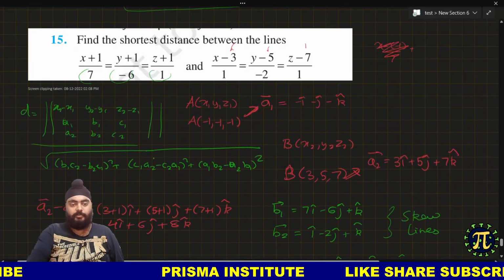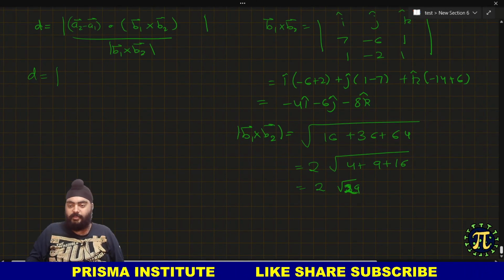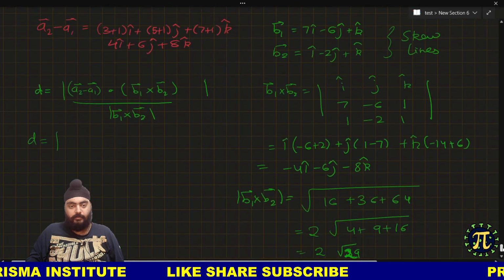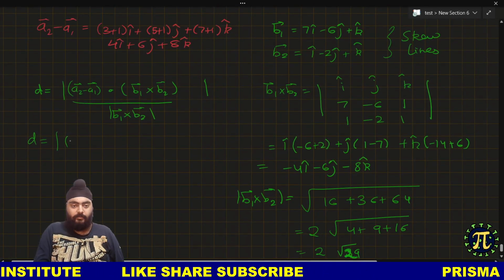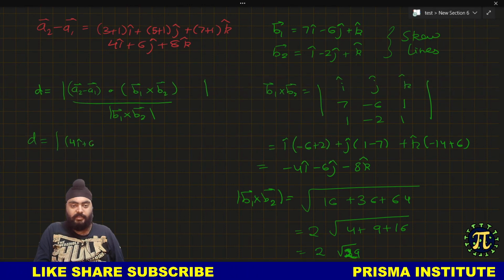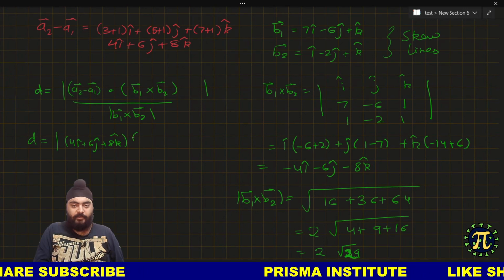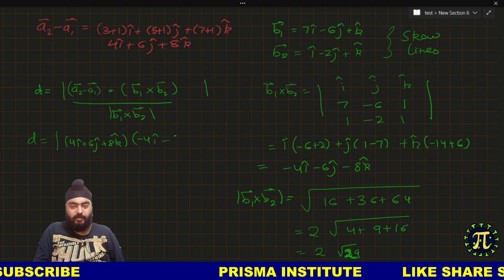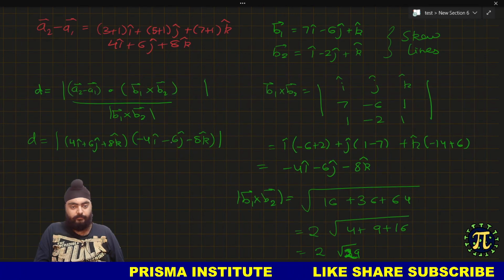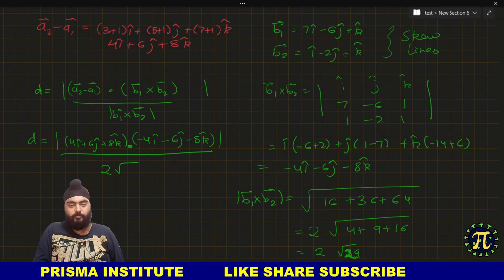So all we have to do is put the numbers in. So what is our a2 minus a1 vector? This is 4i plus 6j plus 8k, and we have to take its dot product with minus 4i minus 6j minus 8k, and the number in the denominator is 2 root 29.